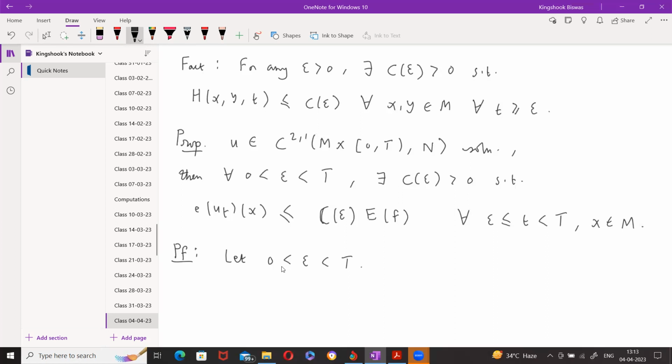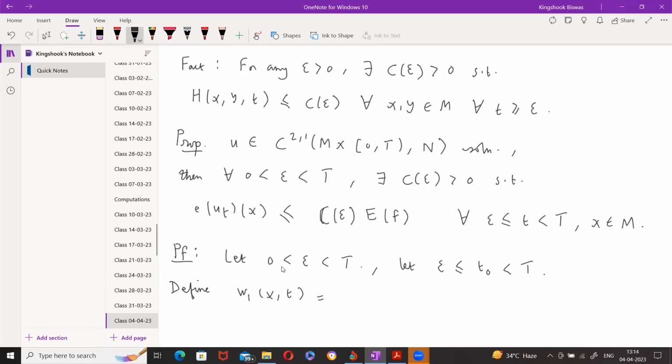Okay. So let epsilon be in between 0 and T, and let t_0 be in between epsilon and T. Then we're going to define two functions. Define w_1(x,t).